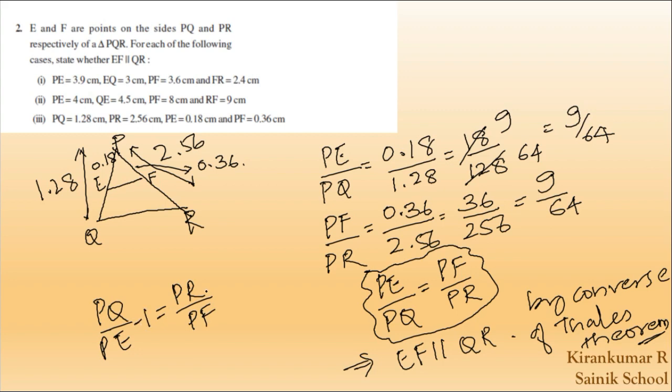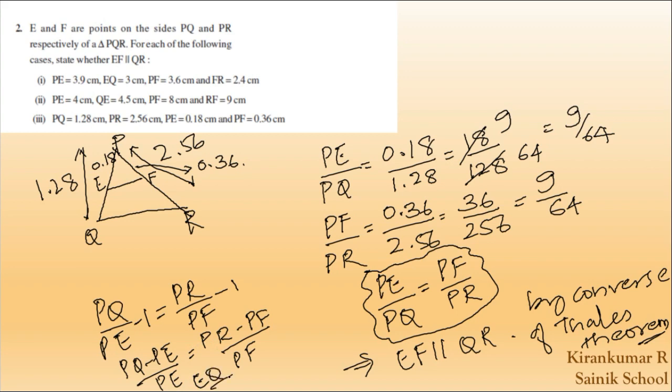Then you subtract 1 from both the sides, you'll be getting PQ minus PE by PE is equal to PR minus PF by PF. PQ minus PE is nothing but EQ.